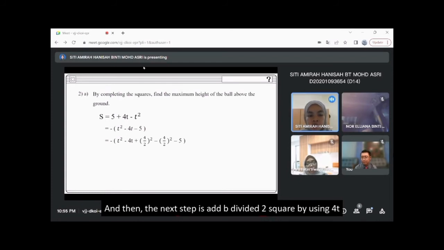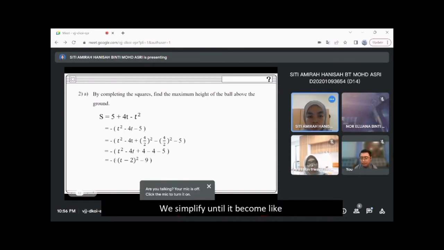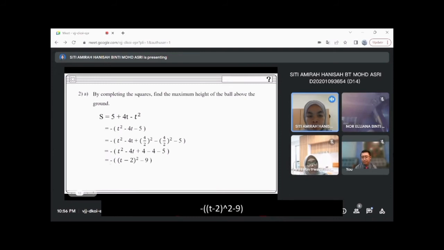The next step is to add b over 2 squared by using the 4t, and it becomes t squared minus 4t plus 4 over 2 squared minus 4 over 2 squared minus 5. We simplify until it becomes negative in bracket t minus 2 squared minus 9.